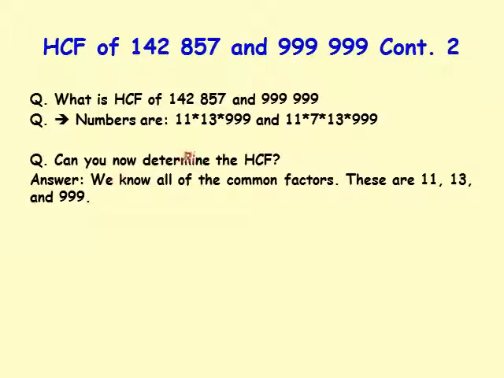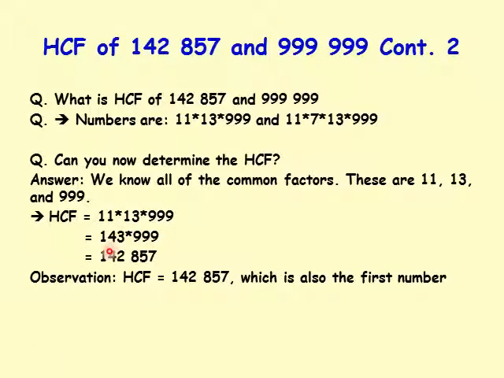We know all the common factors, which are 11, 13, and 999. Then the HCF is 11 times 13 times 999, which is 143 times 999, which is 142857. That's the first number we have, so the HCF is 142857, which is also the first number.